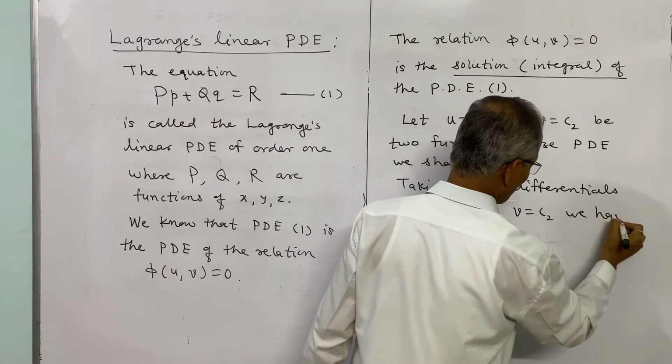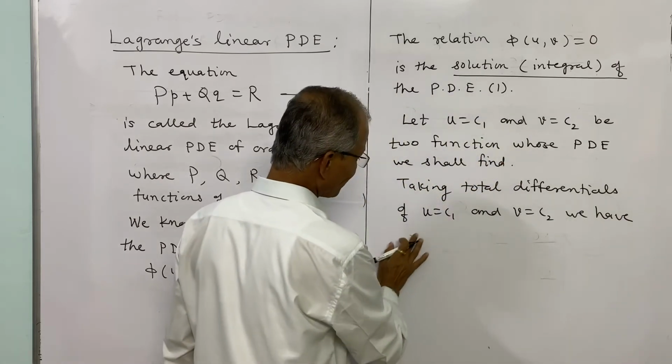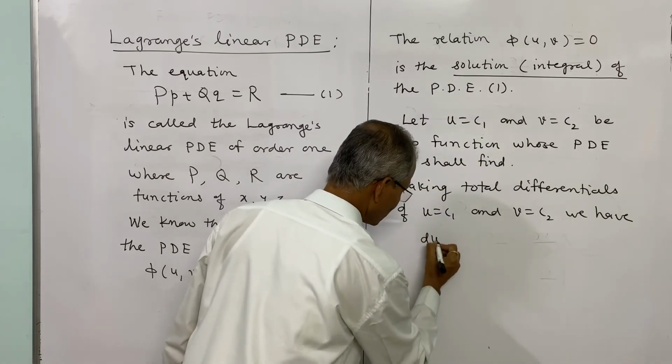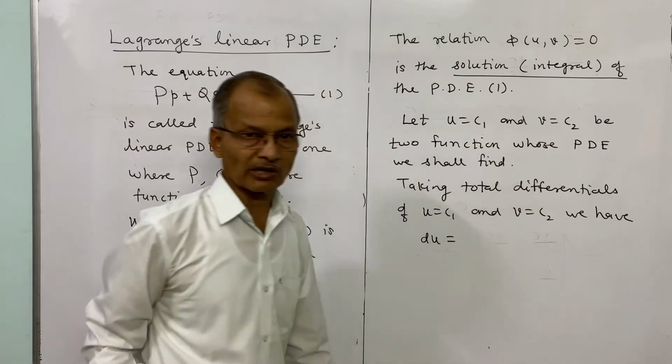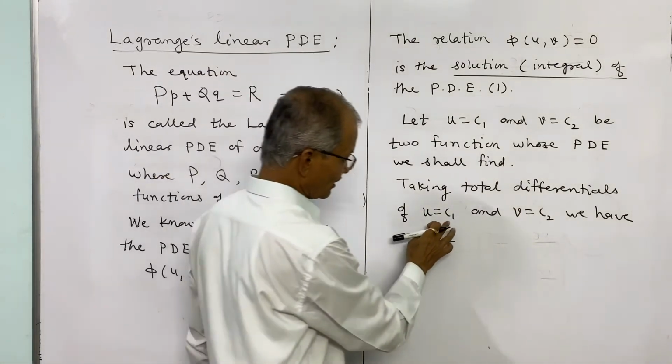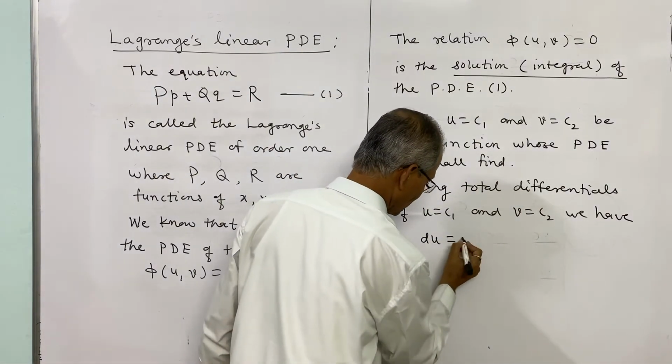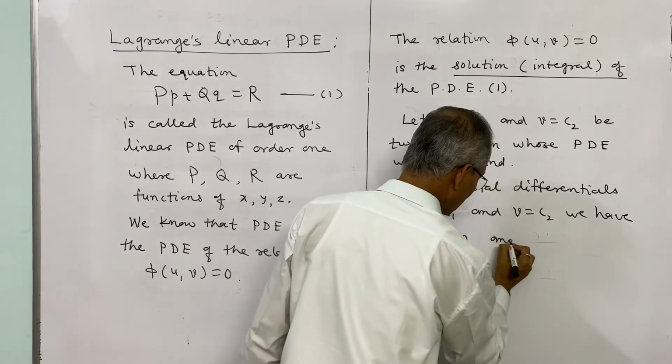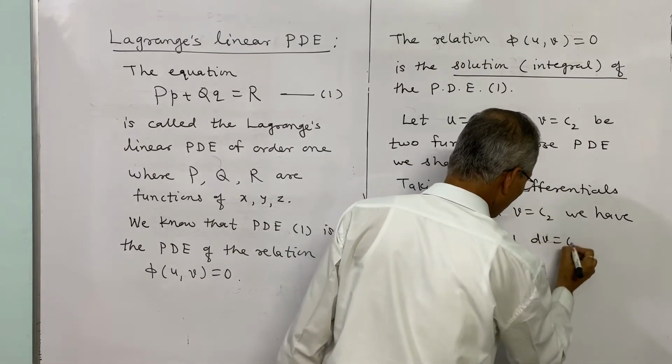We have studied earlier that the differential of u is du, and the differential of a constant is 0. So du is equal to 0, and similarly dv is equal to 0.